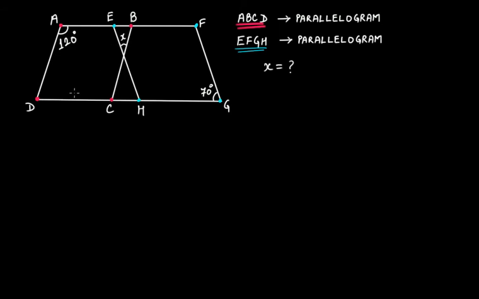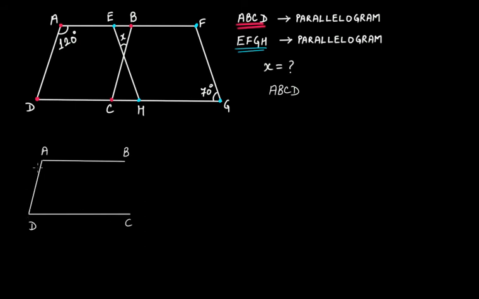Now in the parallelogram ABCD, we can see that this is AB and this is BC, and AD and BC are two parallel lines, and this one will be its transversal.